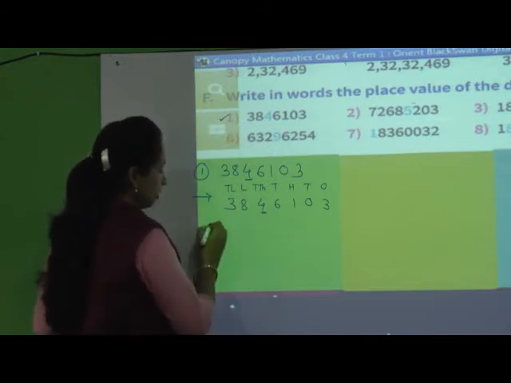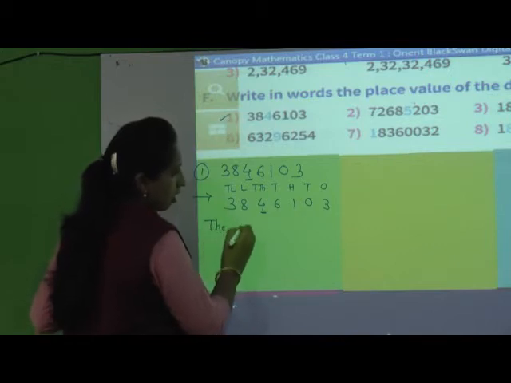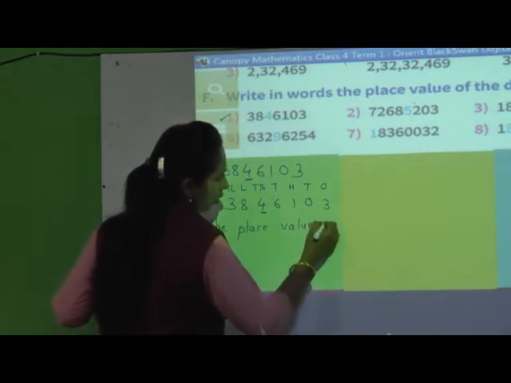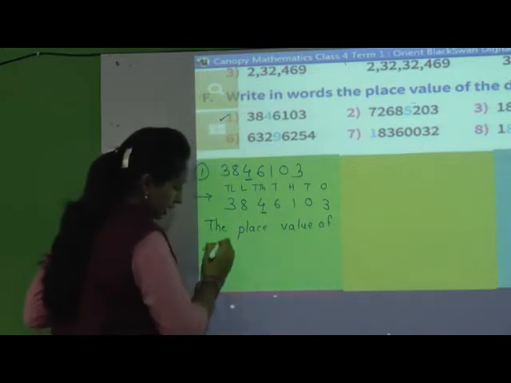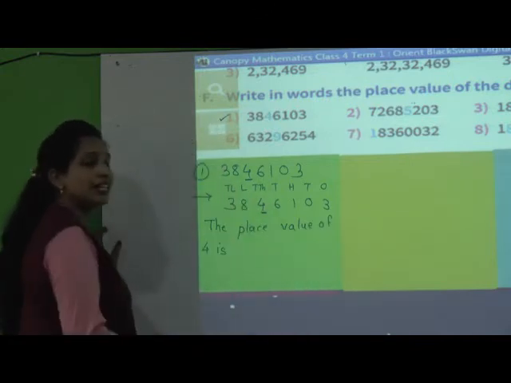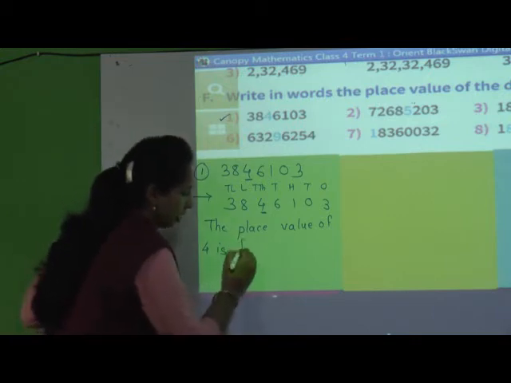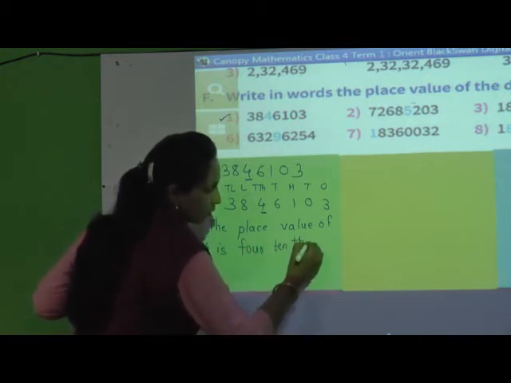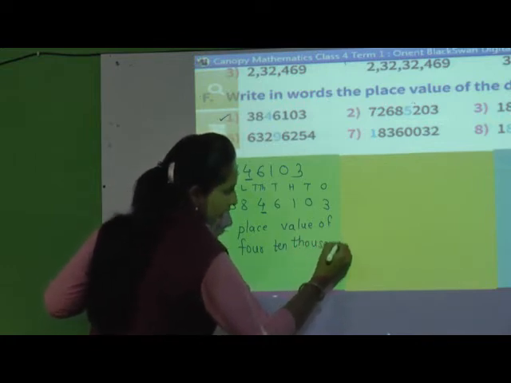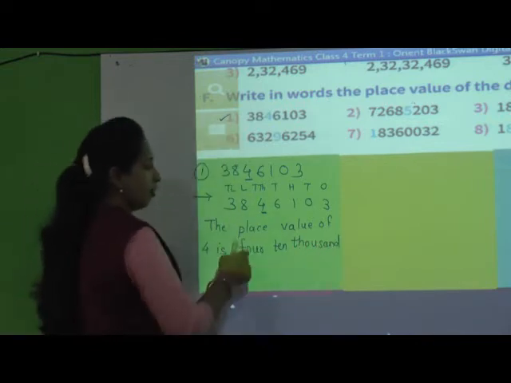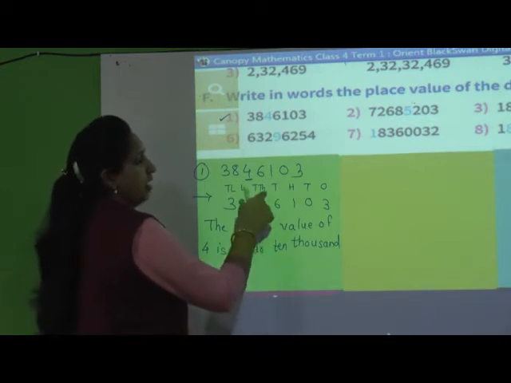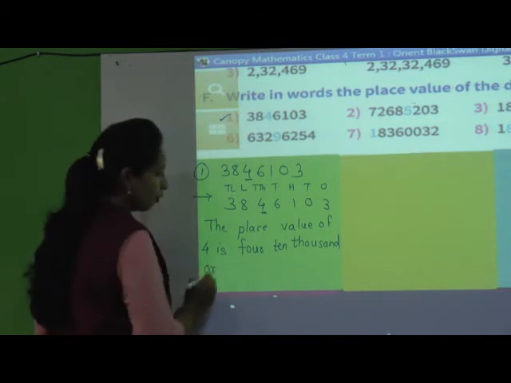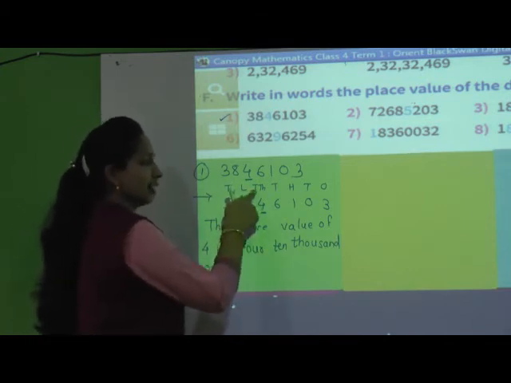So what I'll write here, the place value of 4 is, where is 4? In 10,000 place. So write here 4 10,000. Are you getting students? Or how you can write, 4 is in 10,000 place.